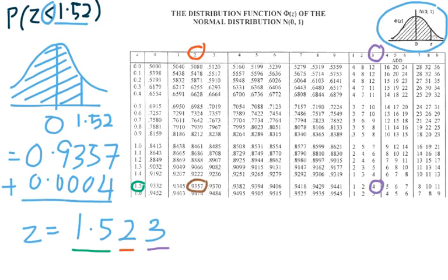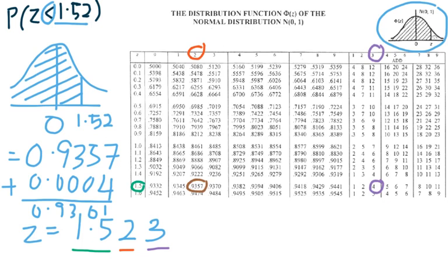What we will have is 1, 6, 3, 9, 0. So that is the probability for Z less than 1.523, which is 0.9361. That's how you come up with the probability if you have 3 decimal places.